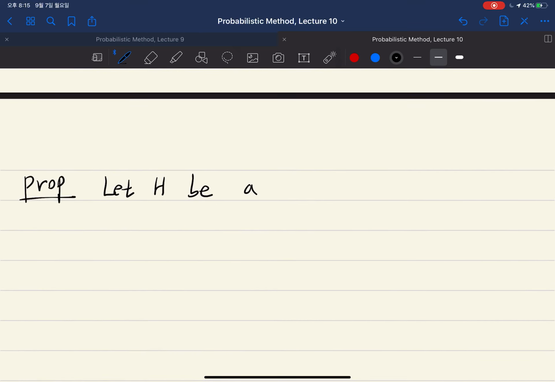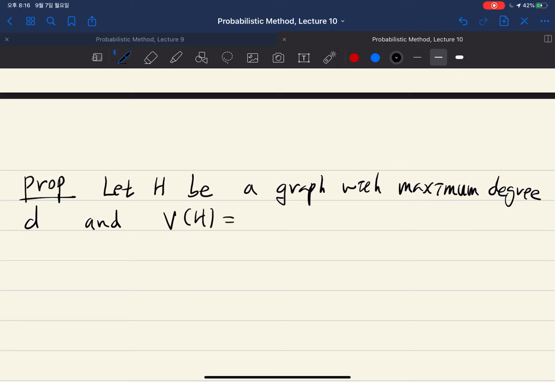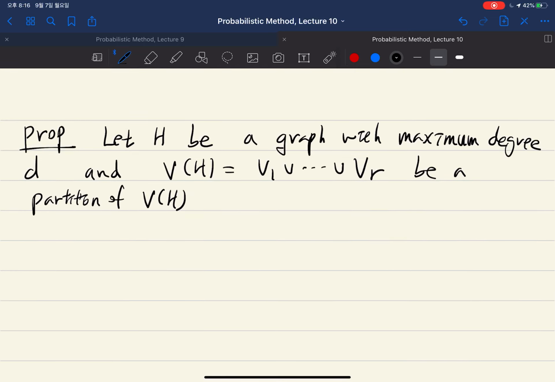So let H be a graph with, say, maximum degree D, and suppose the vertex set of H is partitioned into R sets, V1 through VR.